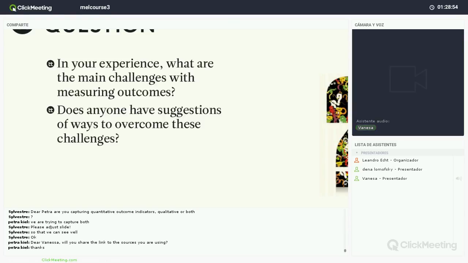And I invite the rest: what are the challenges when you are thinking about assessing outcomes? This means changes at the level of stakeholders, changes at the level of policies or policy processes. Do you frequently stumble across challenges?